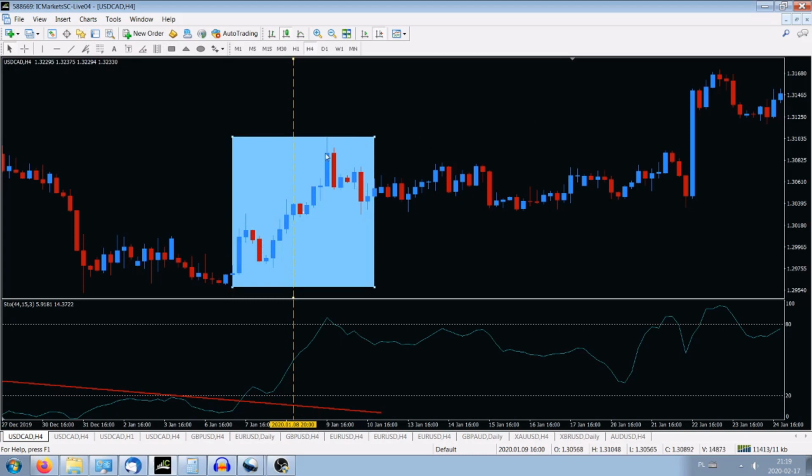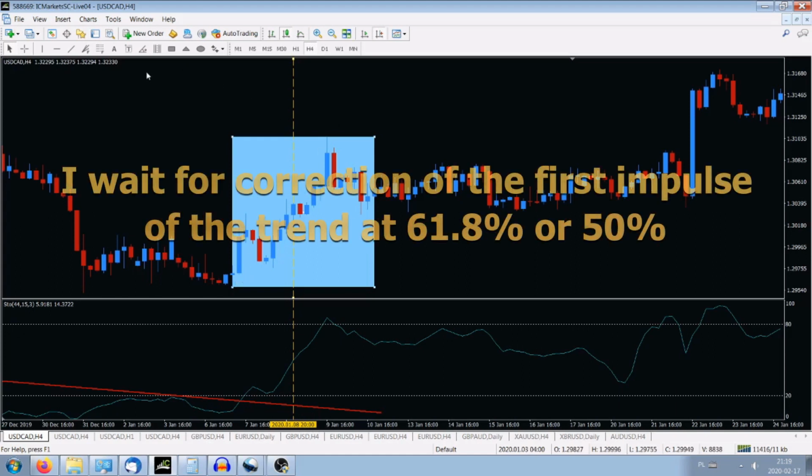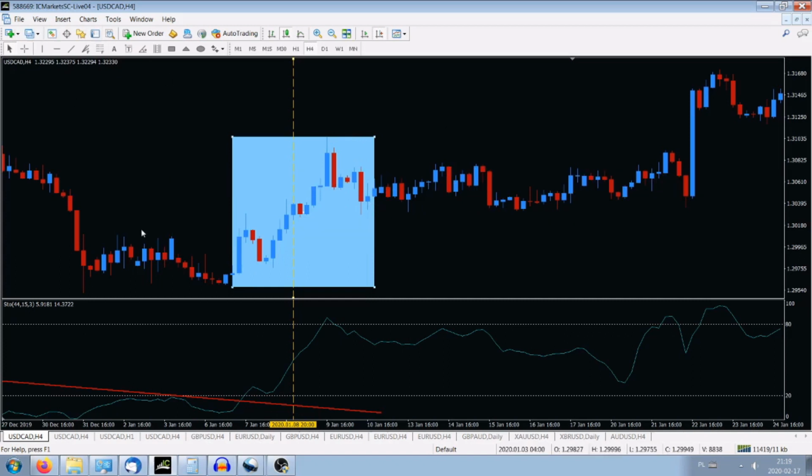So I presume from this level the market has to retrace at least to 61% of the whole movement. So between the area of 50% and 61.8%, the market has to make a retracement. Putting a simple Fibonacci over here, we might guess it.